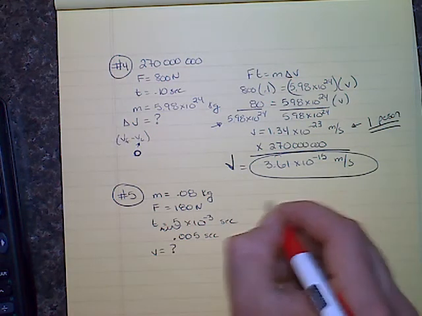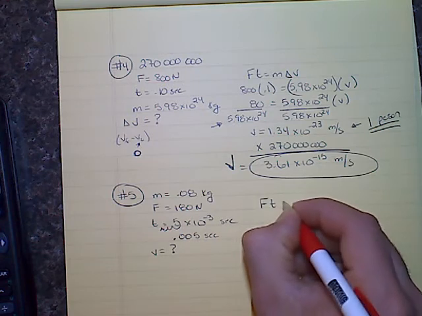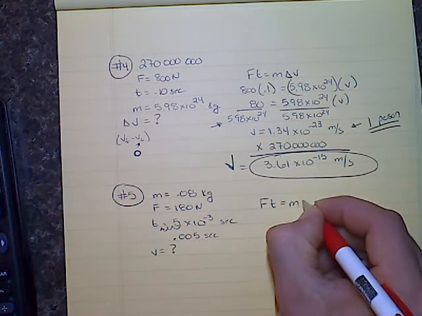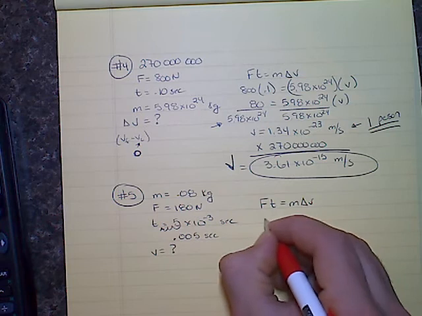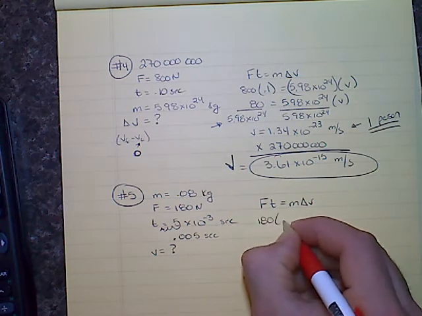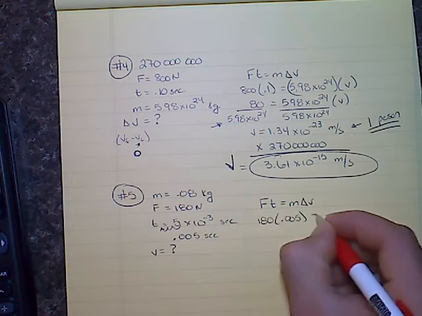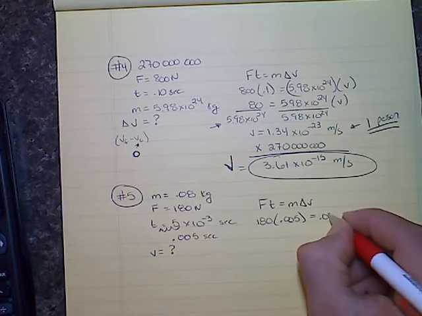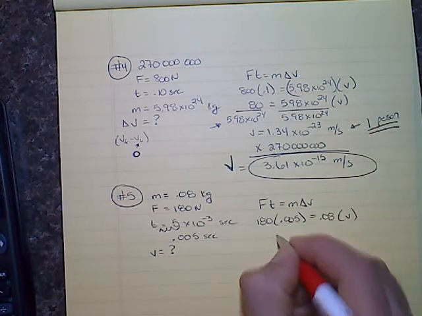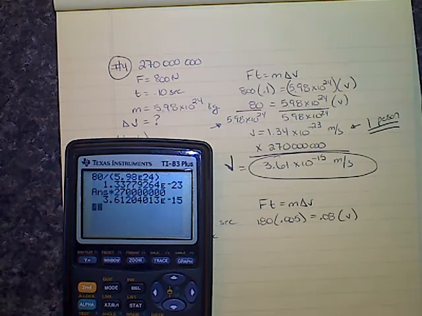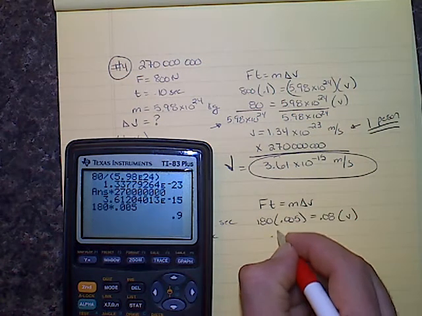Plug it into our handy dandy equation. Ft equals m delta v, or just v. 180 times 0.005 equals 0.08 times v. 180 times 0.005 equals 0.9.